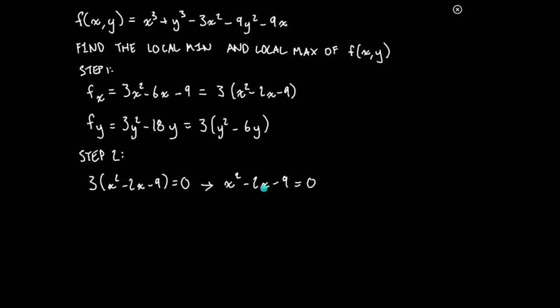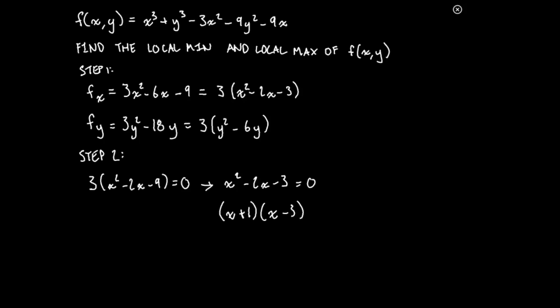And in this case, we want something that adds up to give us, actually, see, I've already made a mistake here. This isn't a negative 9. When we divide it by 3, this becomes a 3. So that's a 3, my bad. All right, so we want something that adds up to be negative 2 and multiplies together to be negative 3, and that would be 1 and negative 3. So our two factors are x plus 1 and x minus 3.